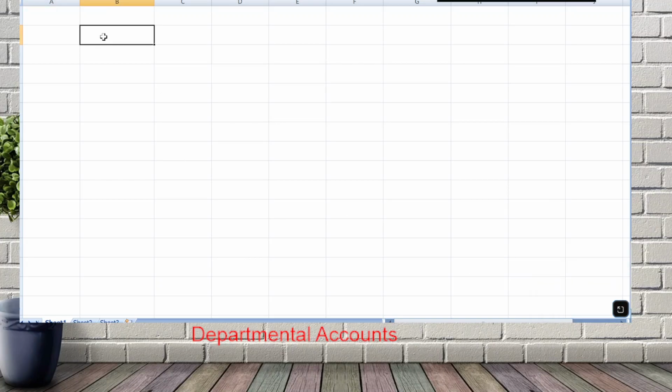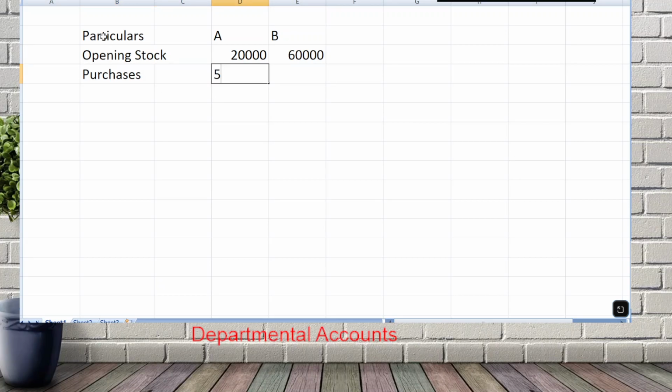Start. Particulars and two columns. Particulars, then A column, then B column. Opening stock 20,000, 60,000. Purchases 5 lakhs, 8 lakhs.